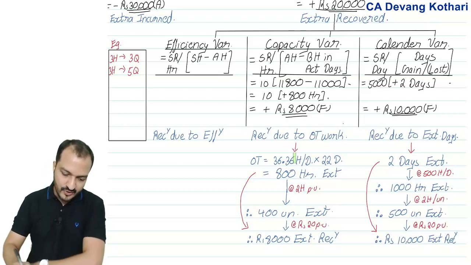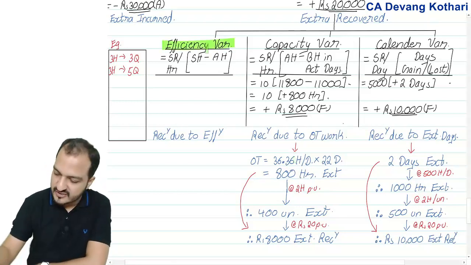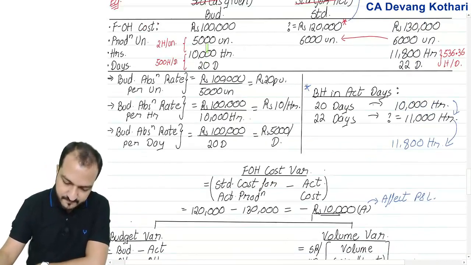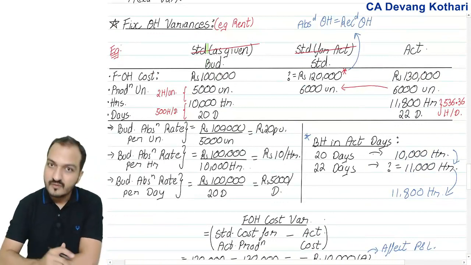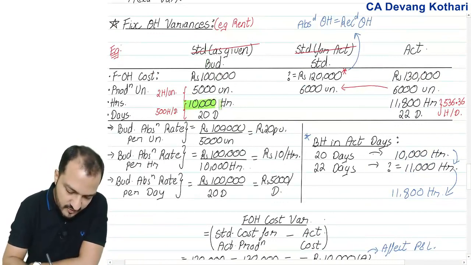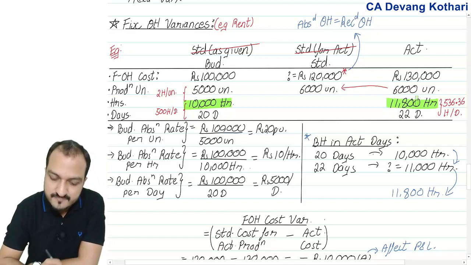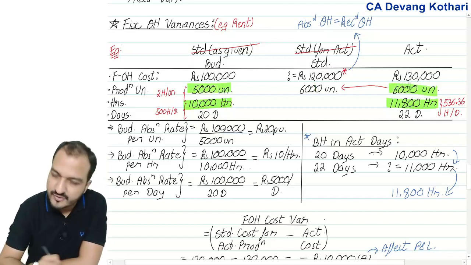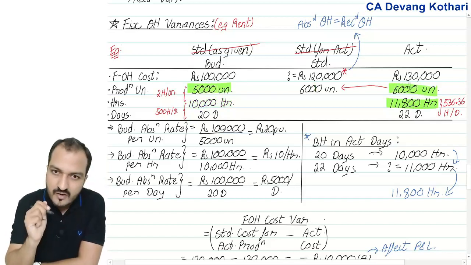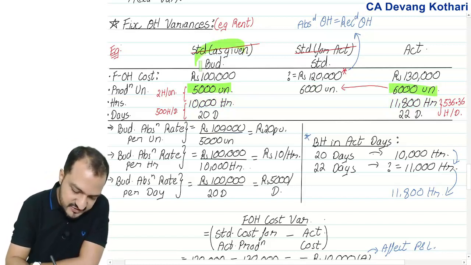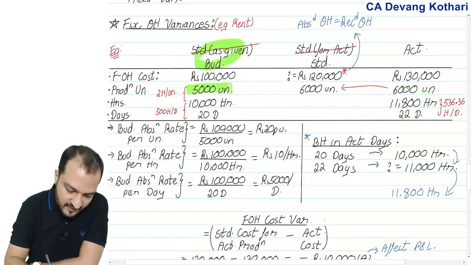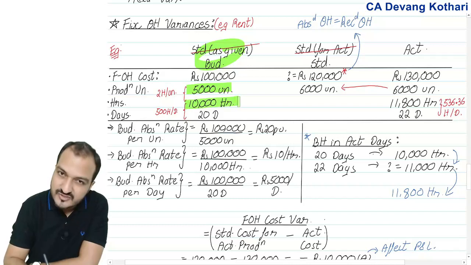Okay, and the last one is efficiency variance. Well, notice over here, you're working for extra hours, so you're producing extra units. Ideally, as per the budget, you are supposed to make 5,000 units in 10,000 hours.